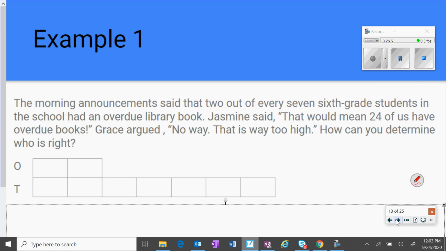All right, so we find out, what are they asking? So here's the numbers right here, 2 and 7. So you're going to circle those. Guys, this is page 13 in your modules.